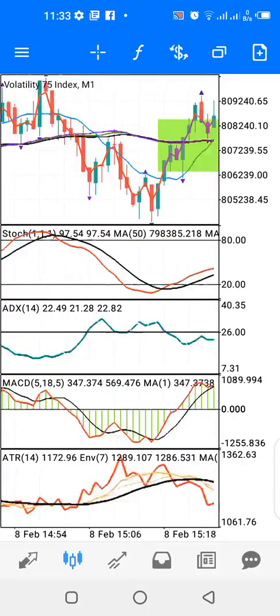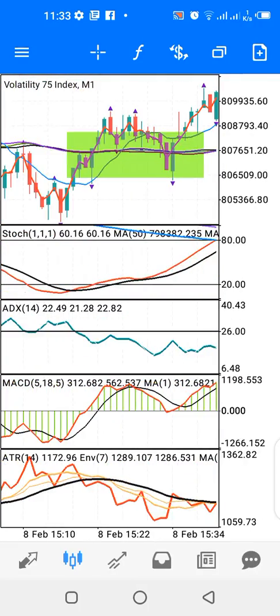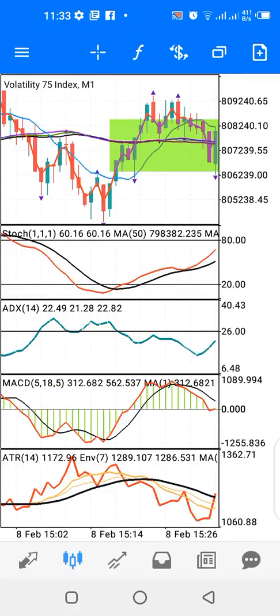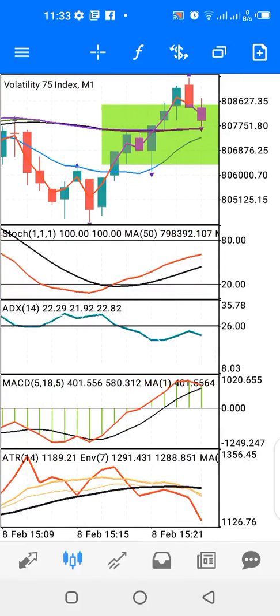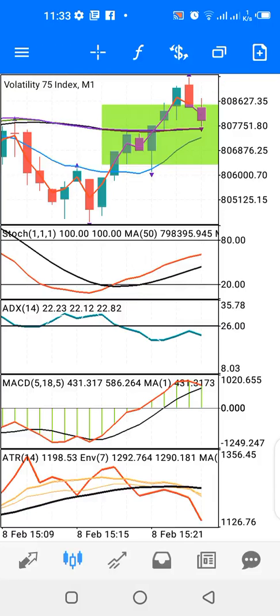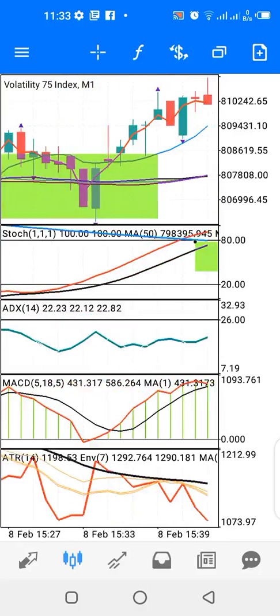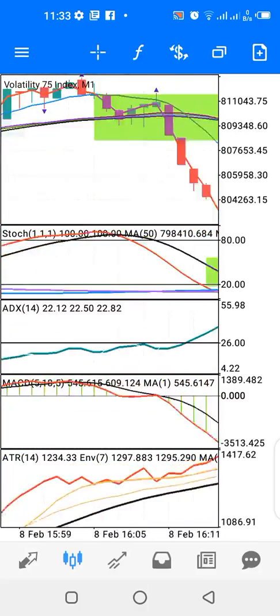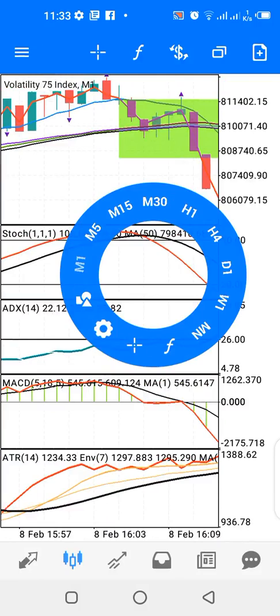But for the signal, when the red line crosses above the black line, it's a buy signal. And when the red line crosses down, that's a sell signal.